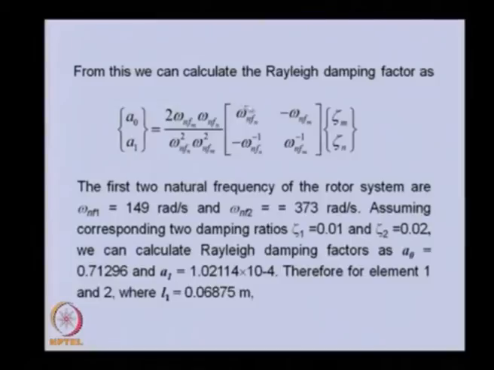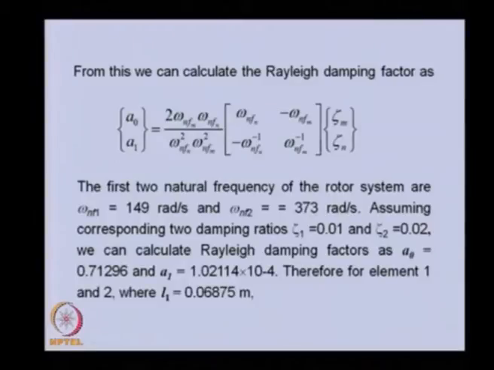When we were discussing the finite element formulation for the transverse vibration, we described this particular kind of damping. Using this, in this particular case for free vibration, we found the natural frequencies of the system to be 149 and 373 radians per second.